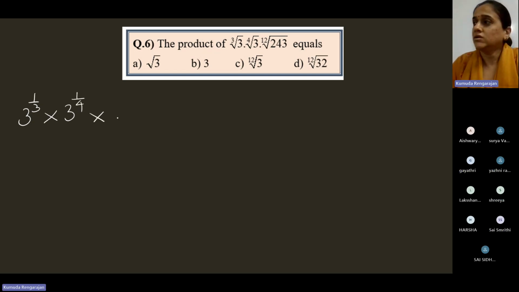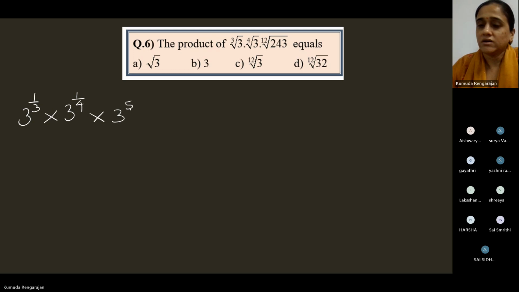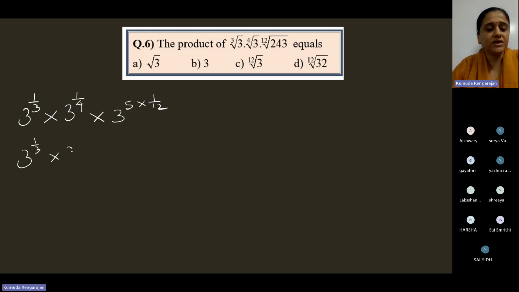Correct. Into what is 243? 3 to the power 5. 243 is 3 to the power 5, into 1 by 12. So it's 3 to the power 1 by 3 into 3 to the power 1 by 4 into 3 to the power 5 by 12.